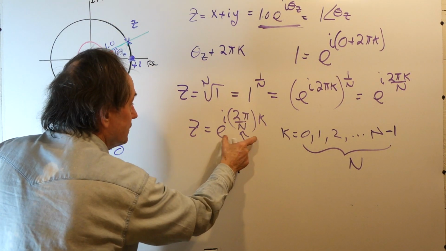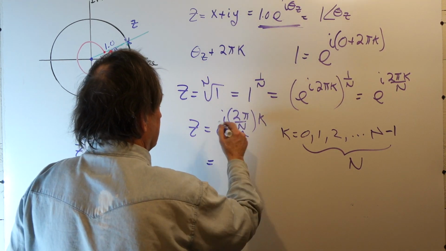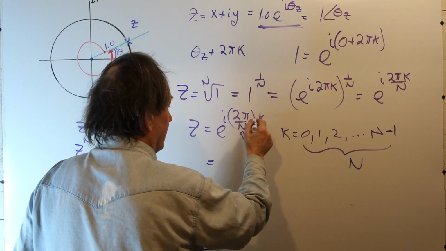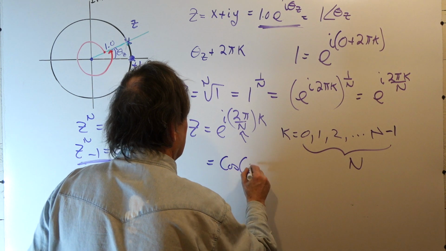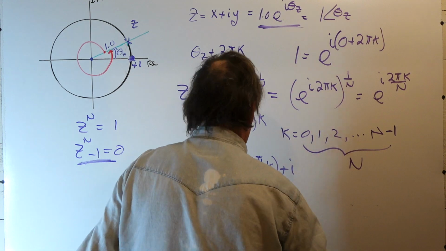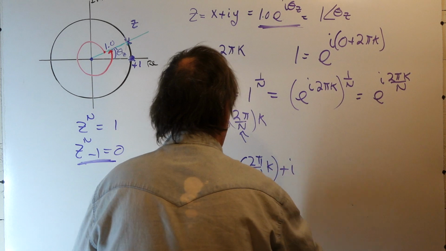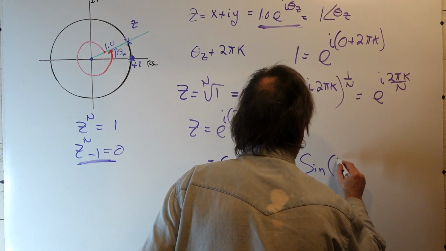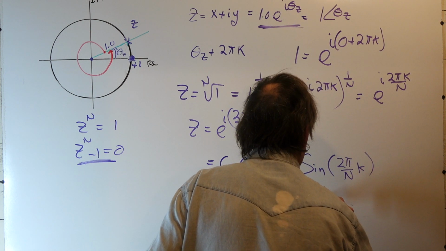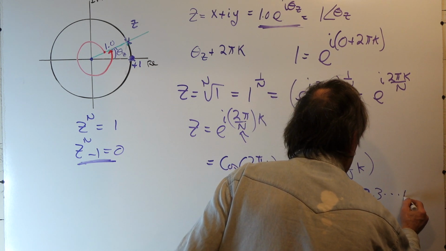And this gives us the roots. And we can get the real and the imaginary part by using Euler's identity. e to the i 2 pi over n times k can be written as the cosine of 2 pi over n times k plus i times the sine of 2 pi over n times k, and we increment k equal to 1, 2, 3, and so on up to n minus 1.